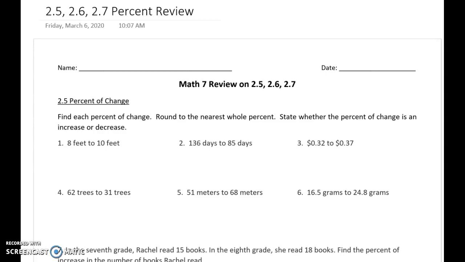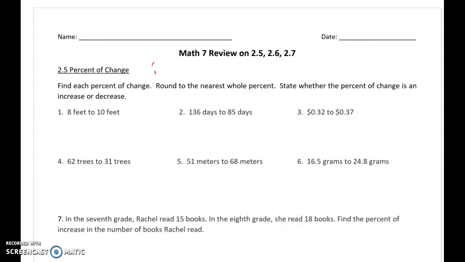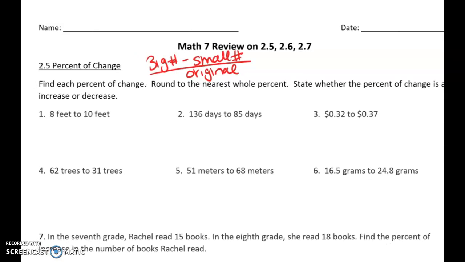Okay, so for the first section with percent change, remember we're always doing our big number minus the smaller number, and then we always divide by the original. Then we multiply that by 100 to change it into a percent, and we want to say increase or decrease.